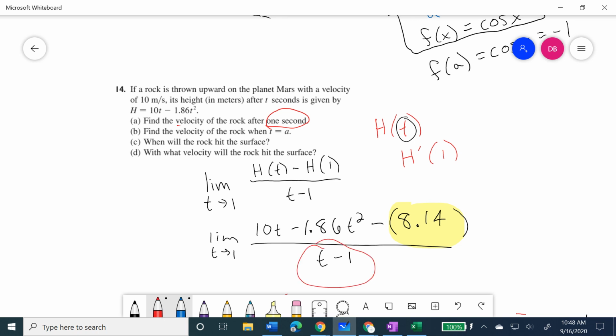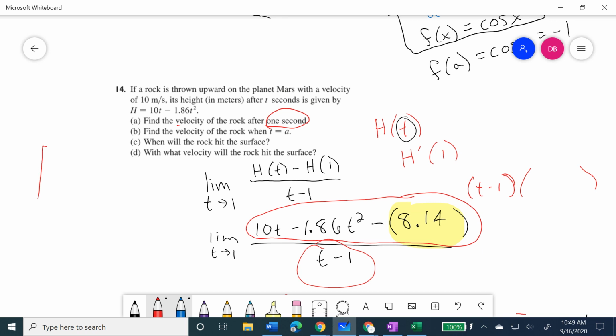If I have 2 polynomials and I plug in 1 to both and I get 0, both polynomials have the factor t minus 1. So for this quadratic, you need to figure out what you get if you divide this by t minus 1.